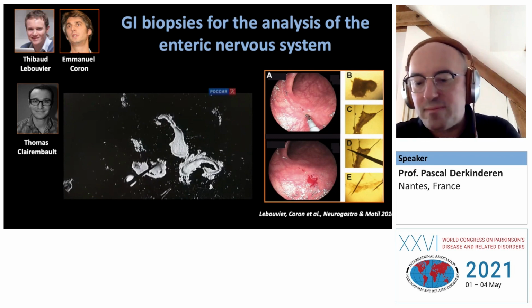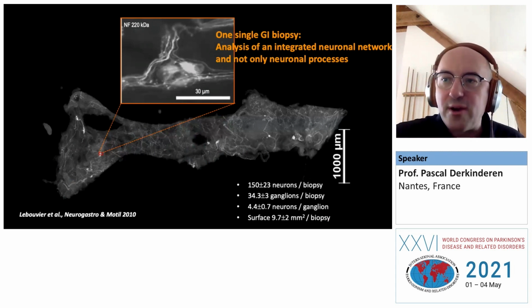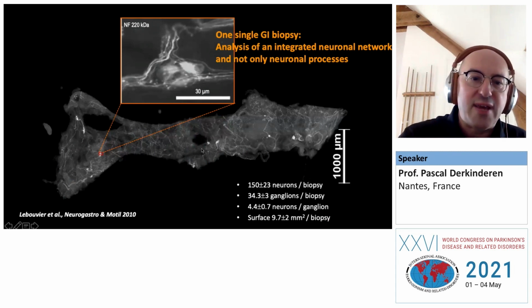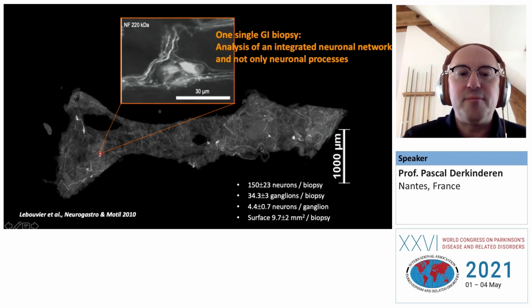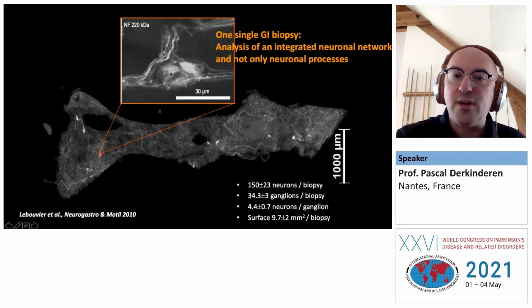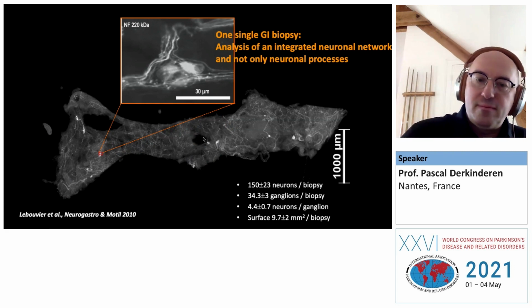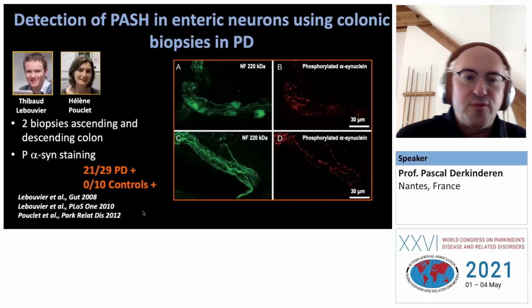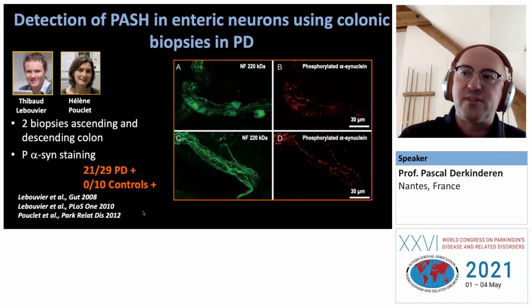And if you stain these biopsies with a neuronal marker, this is what you get. You get a very nice neural network with ganglia and nerve fibers, and you can perform an in-depth and comprehensive analysis of the enteric network, and especially perform some neuronal counting. Of course, this approach can be used for the detection of PASH in Parkinson's disease.